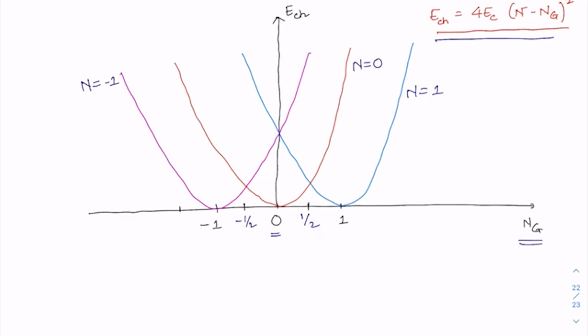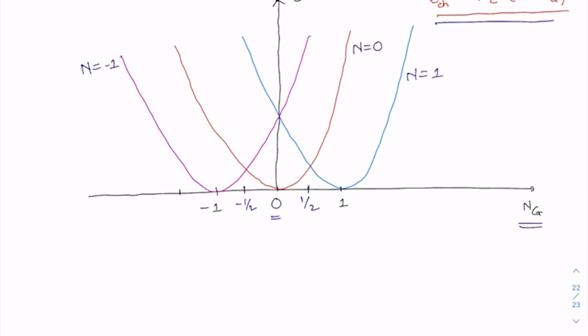In fact, NG equal to minus half physically means that there are more Cooper pairs in the upper island. This way we can go on and on for various values of capital N, and we'll get an array of parabolas.